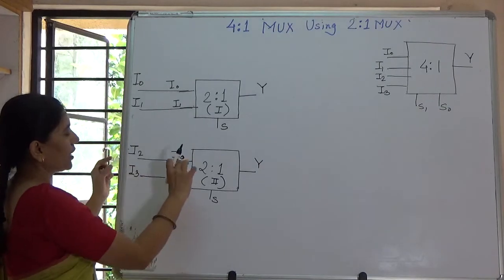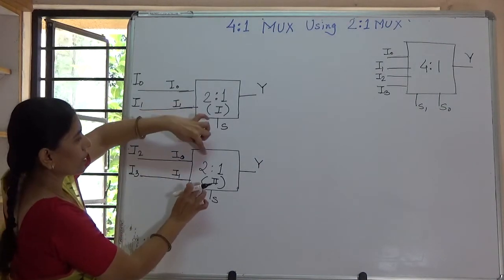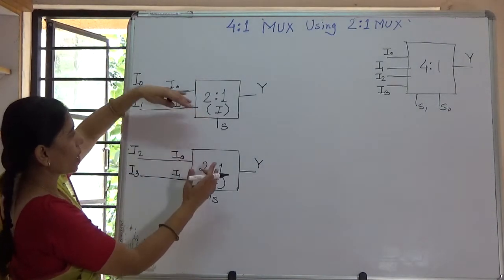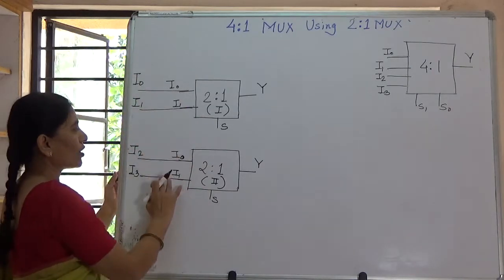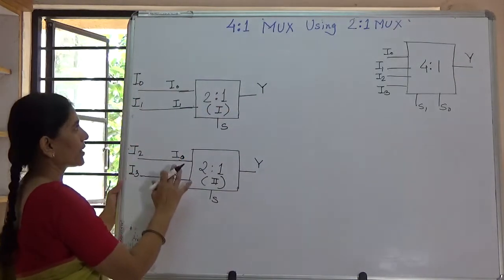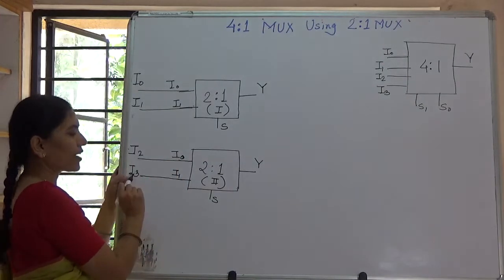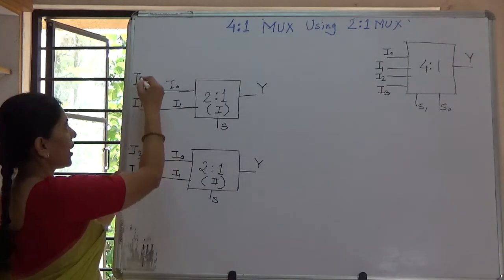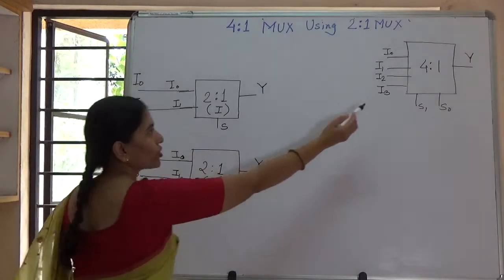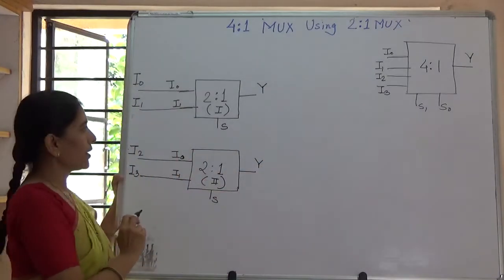Now I0, I1 were for the 2:1 multiplexer, but when we look at these 4 inputs for a 4:1 multiplexer, we rename this I0 as I2 and this I1 as I3, so that now these 4 form the 4 inputs of a 4:1 multiplexer.